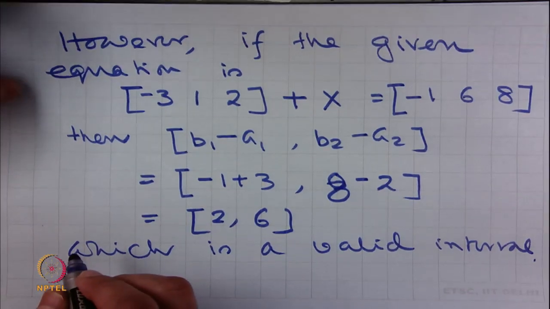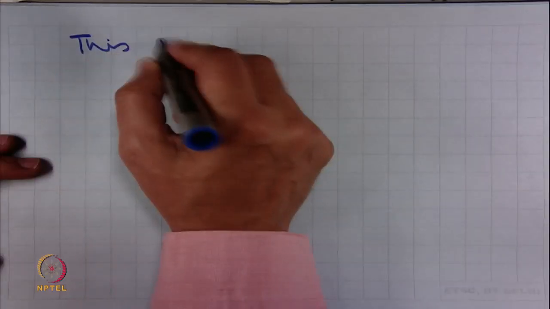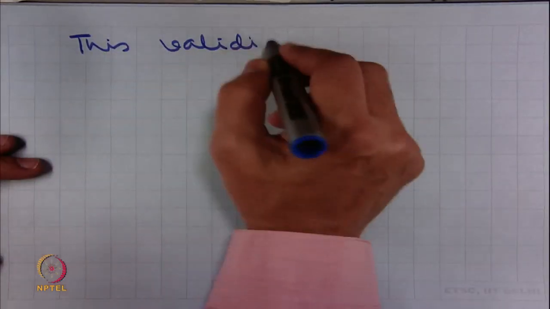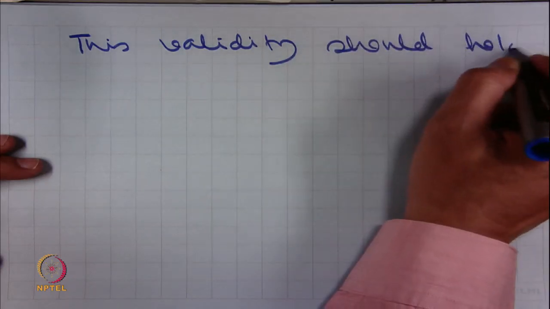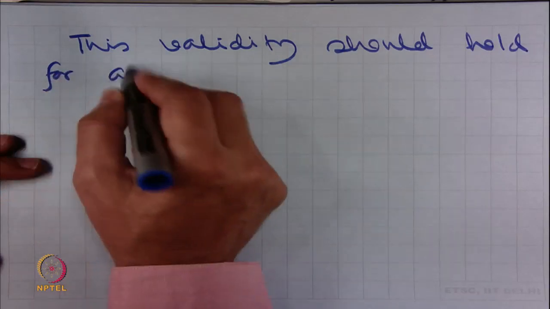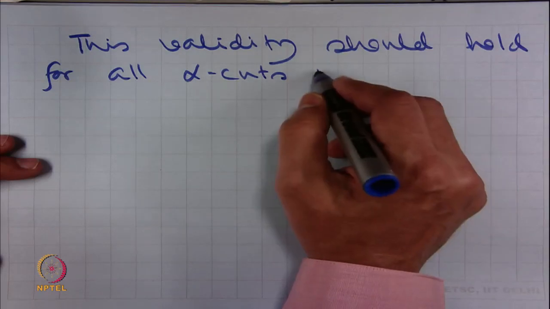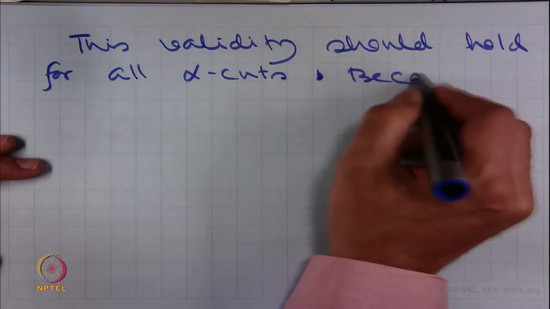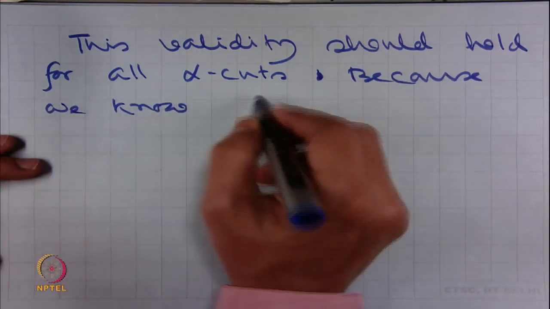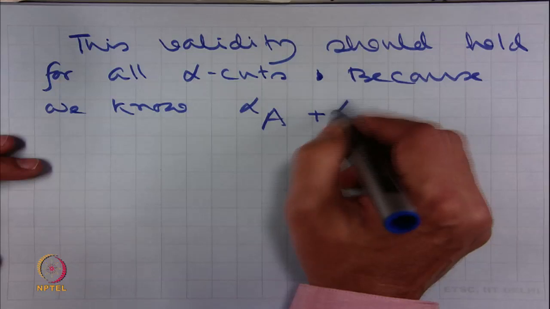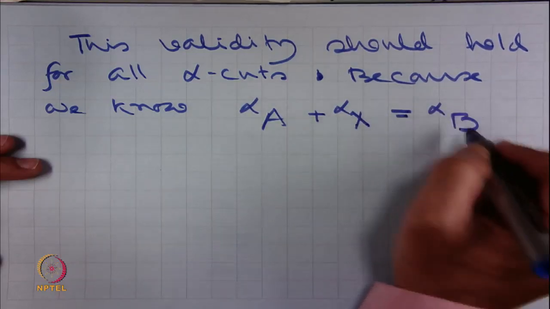But the catch is that this validity should hold for all alpha cuts, because we know alpha cut of A plus alpha cut of x is equal to alpha cut of B.